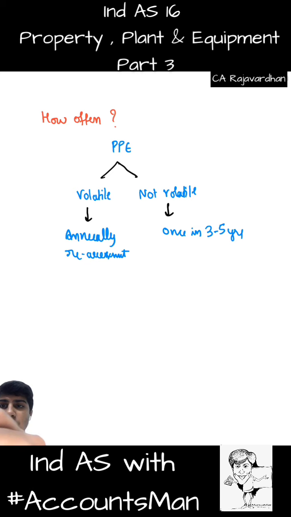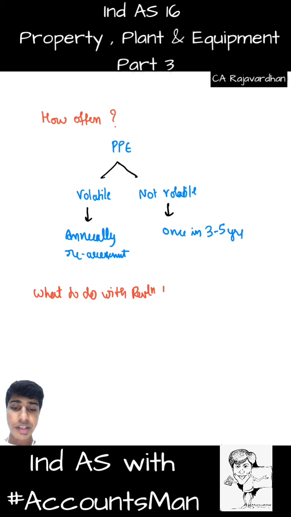Next, what do we do with this revaluation reserve? It is okay if the asset is downward revalued, it will go to P&L account. What we need to remember is whenever the asset is revalued, can I give dividend with the same?